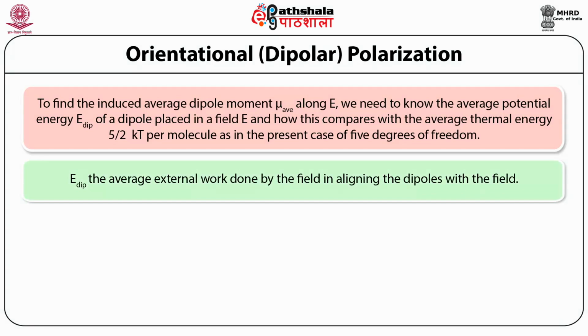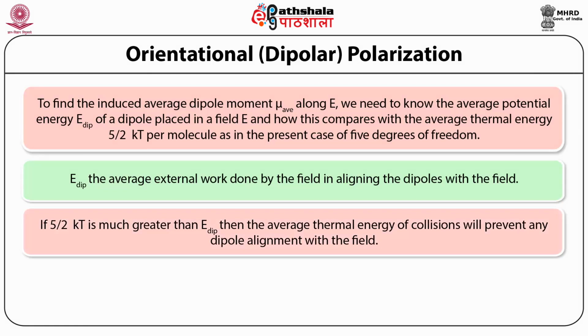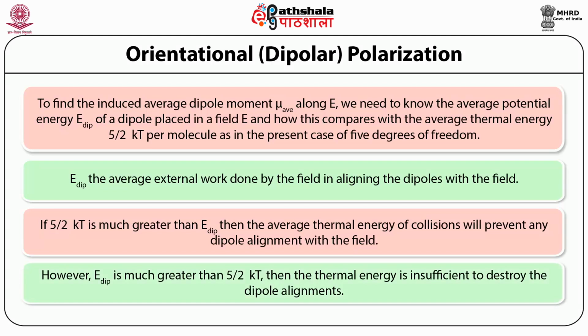E dipole represents the average external work done by the field in aligning the dipoles with the field. If 5/2 kT is much greater than E dipole, then the average thermal energy of collisions will prevent any dipole alignment with the field. If, however, E dipole is much greater than 5/2 kT, then the thermal energy is insufficient to destroy the dipole alignments.